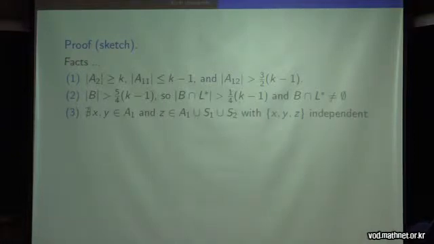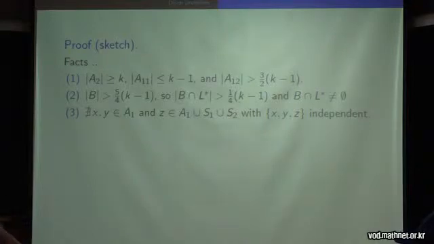All right, so here's a very important fact to notice. A1 is actually this whole thing here. So I cannot have two vertices in A1 and a third in A1 union S1, S2 with the three of them independent. If I do, it's very easy to see.